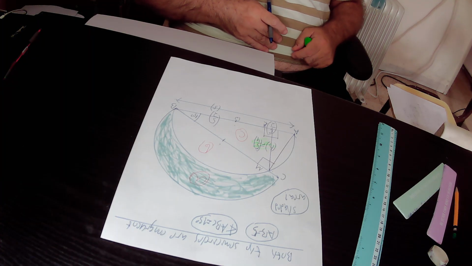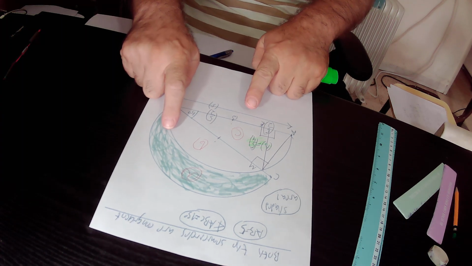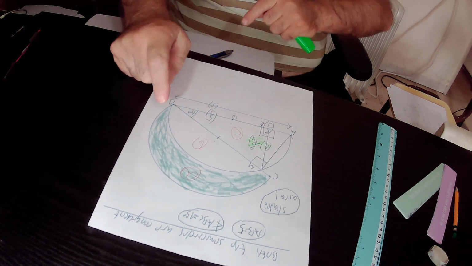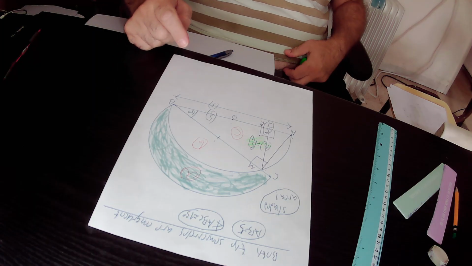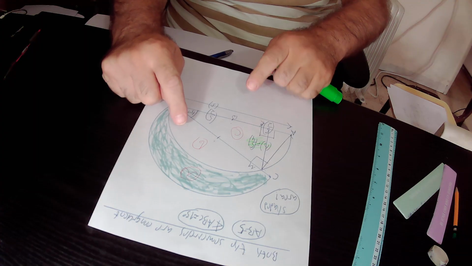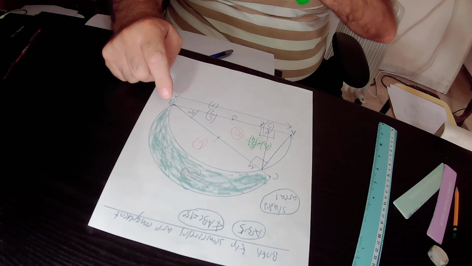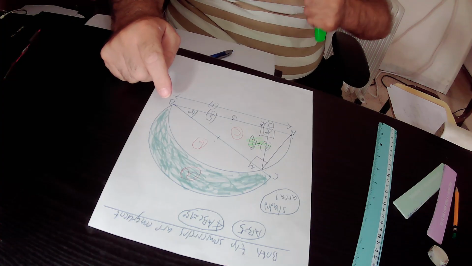Because those two semicircles can go into each other, they must also have the same areas.